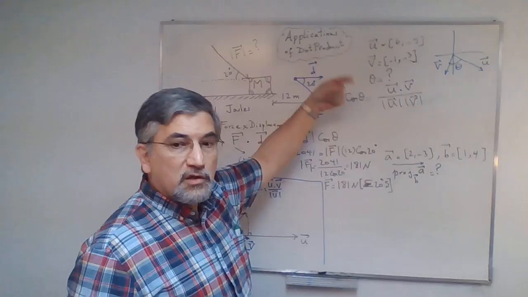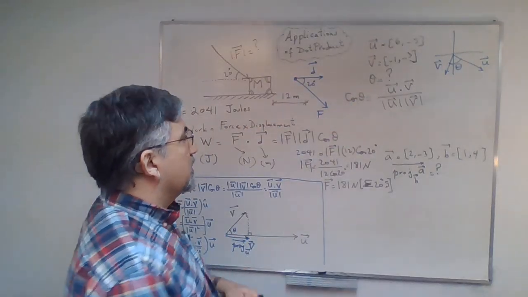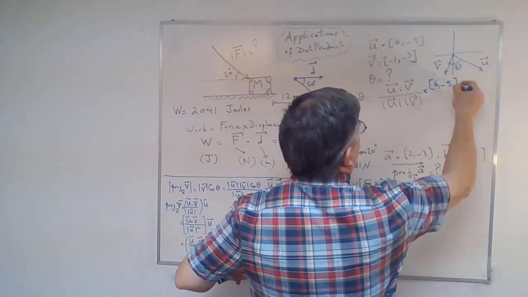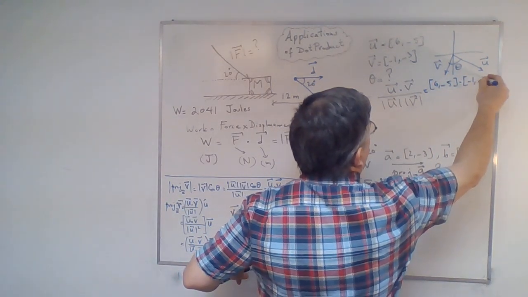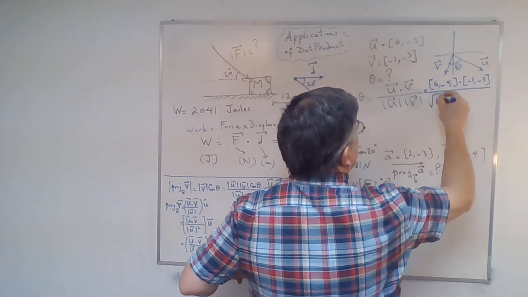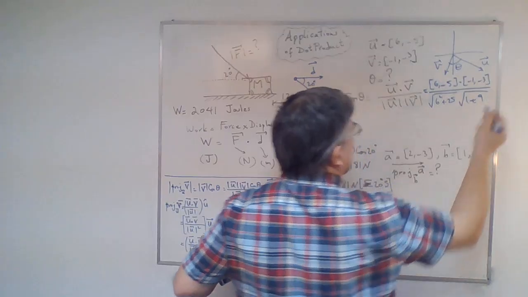So I use the dot product formula and I solve for cos theta. And now in the numerator, I go 6, -5, dot -1, -3. In the bottom, that's the square root of 6 squared plus 25, and the square root of 1 plus 9.